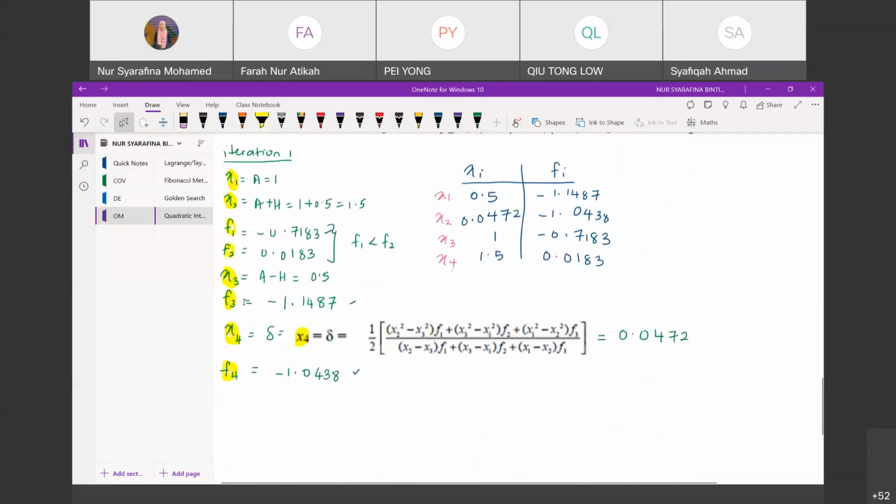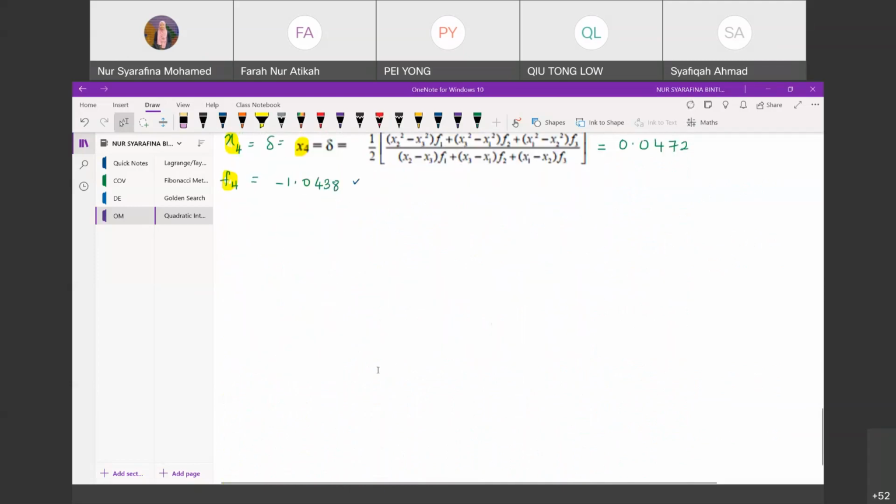Okay, so in xi and fi here, you should test the condition of what? The first one that you need to test is the stopping criteria. Is it less than epsilon or not? So for this case, you should have what? x1 minus x2.